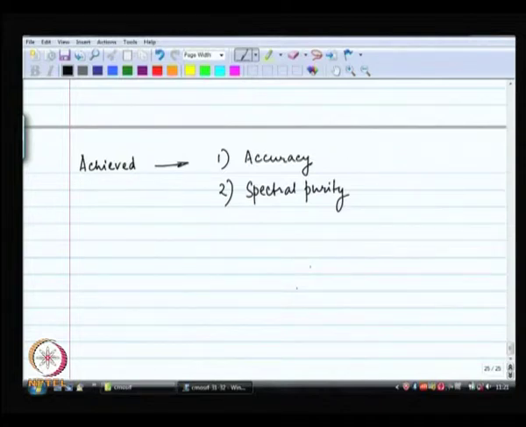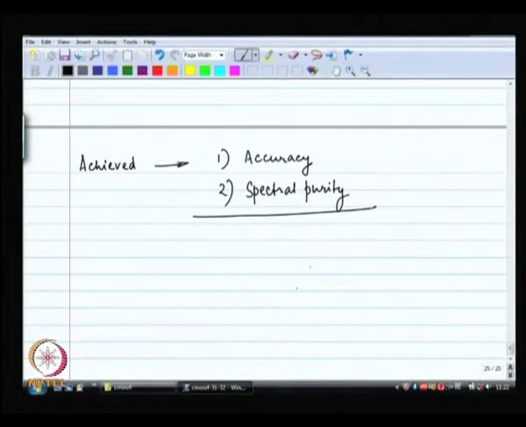The reference phase is being tracked. So, the phase of the voltage controlled oscillator is equal to the reference phase. So, you have got spectral purity there. These are the 2 things that we have achieved. We have not achieved any kind of agility so far.